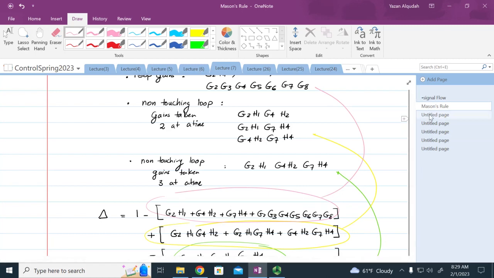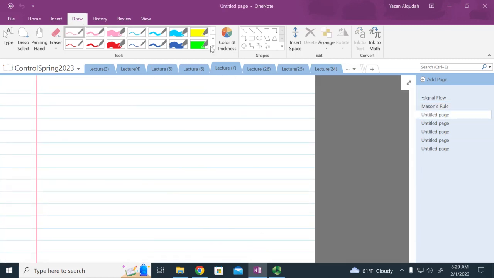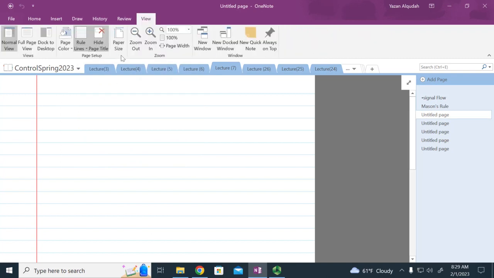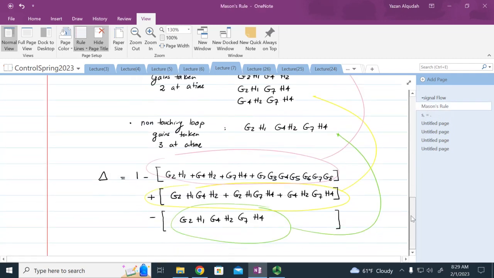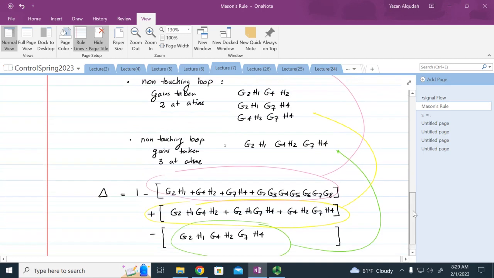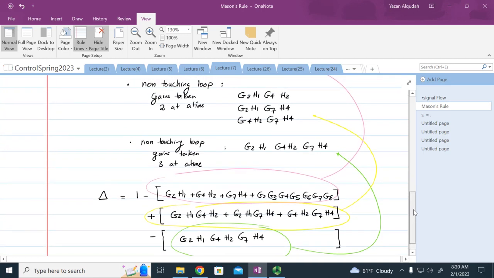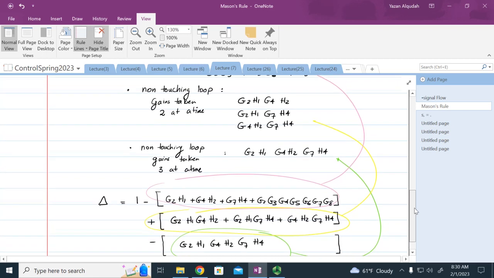So therefore, we can come to the Mason's rule. What else do we need to calculate before we do the Mason's rule? Delta K. Since we have only K equal to 1, we just have to calculate delta 1. So delta 1, if I come to this delta that I have here, I'm going to remove from delta all the gains or loops that are touching my forward path.